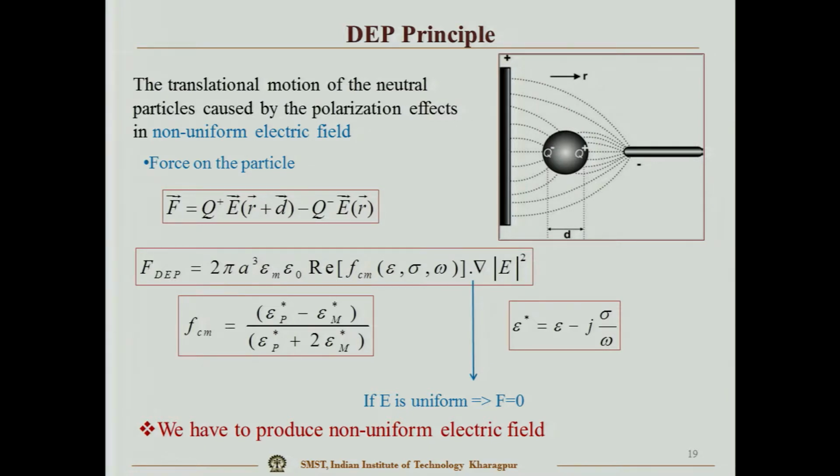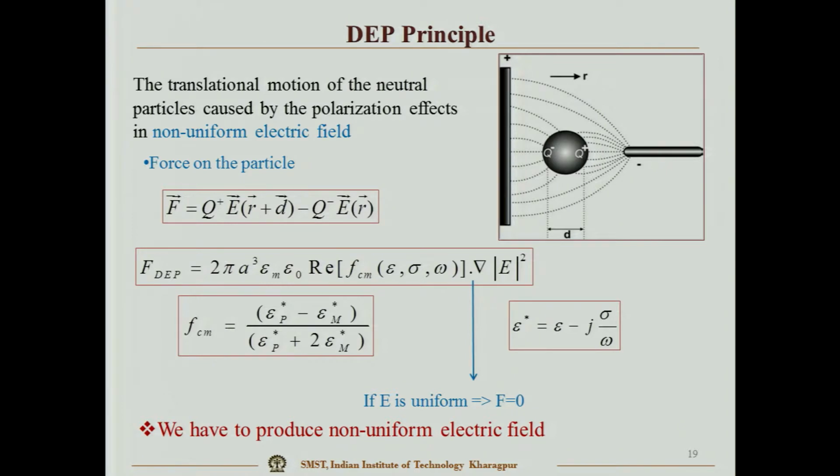What is the dielectric constant? It comprises the cell membrane capacitance as well as the cytoplasmic resistance. When the normal cell transforms to the disease cell, its resistivity and capacitance properties change, and that leads to the change in the dielectric properties.